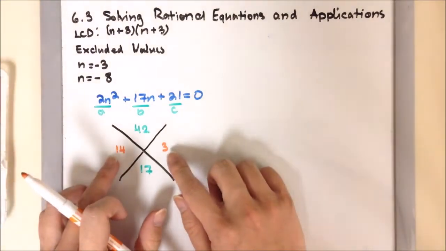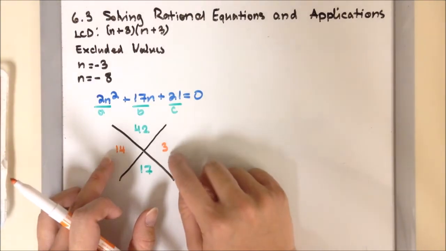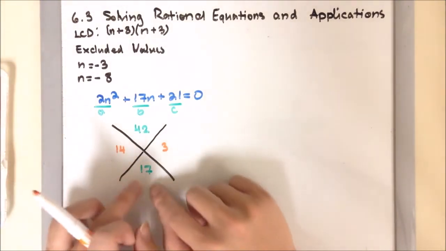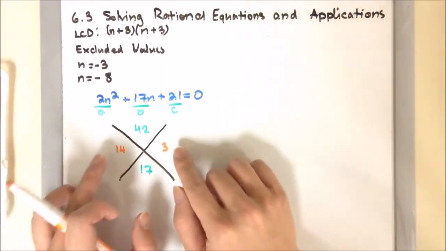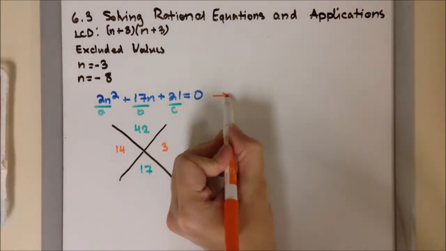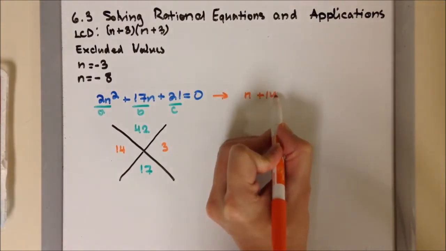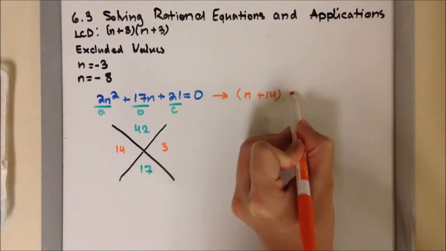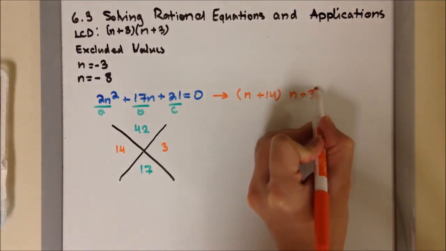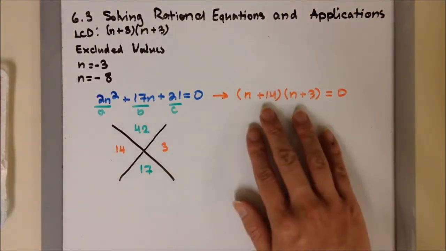So 14 times 3 multiplies into 42, and when you combine these two numbers, it will be 17. So these are the factors. So it will be n plus 14 times n plus 3 equal to 0. Now, I don't stop here.